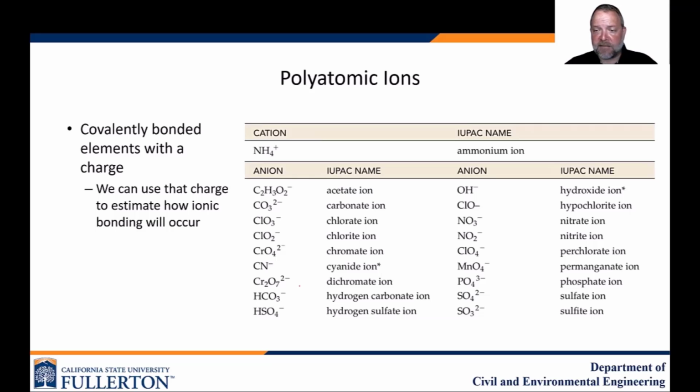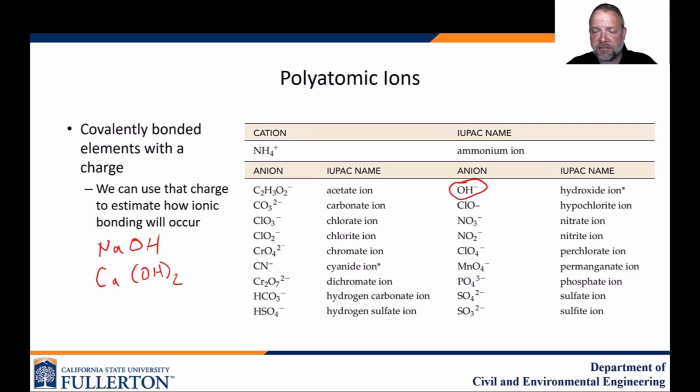So for example, if we have hydroxide over here, you see hydroxide has a -1 charge. So if you're combining hydroxide with sodium, it would be sodium hydroxide, because sodium has a +1 charge, hydroxide has a -1 charge. If it were calcium, on the other hand, calcium has a +2 charge, so it would be calcium hydroxide, which is actually Ca(OH)2, not CaOH.